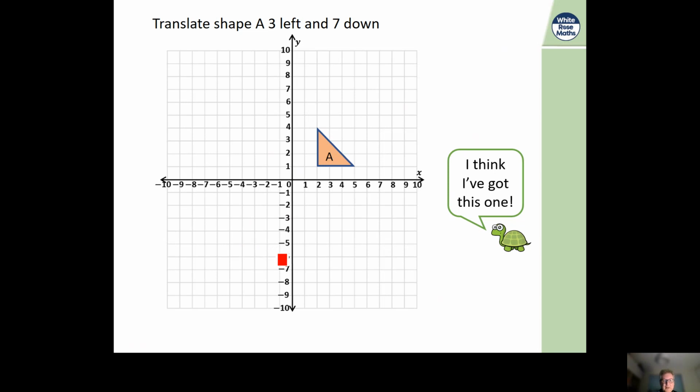Have a little look. Gone in one go. Good thing for me is that where I left my marker is where that vertex is. Is that right?